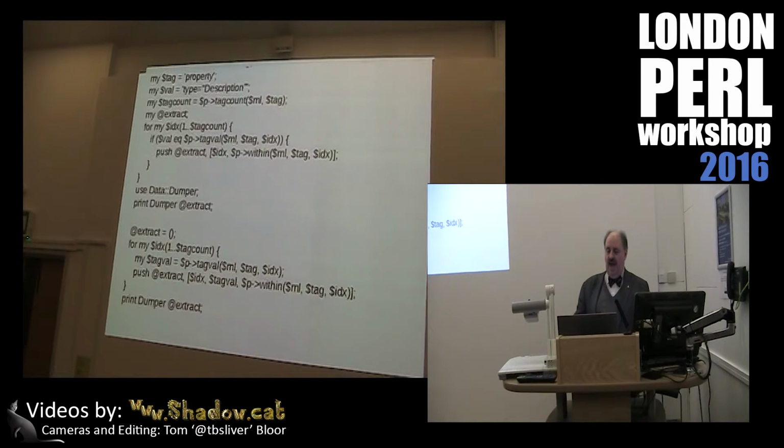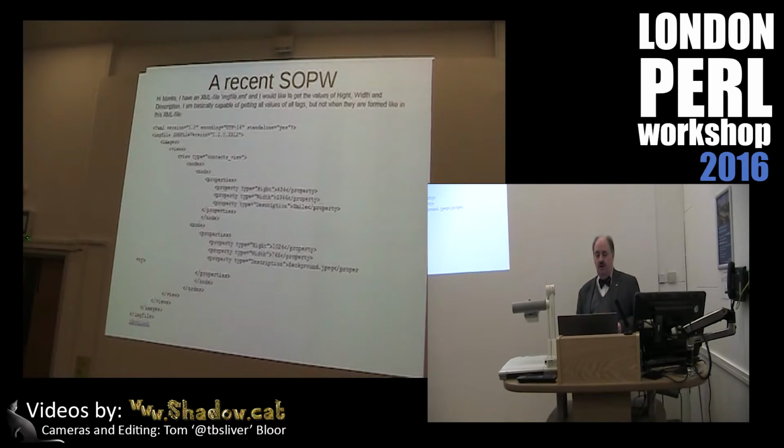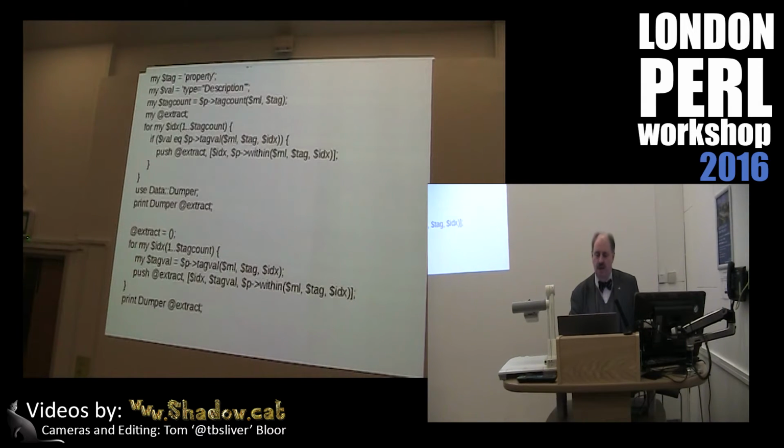Loop through them, and that first if statement, if the val, which is type equals description, is the tag val of the current tag that we're looking at, then we're interested in it. So on that one, you get the index, which is 3, and the tag val, which I think is smile, yes, followed by index 6, contents smile, index 6, contents background.jpg.